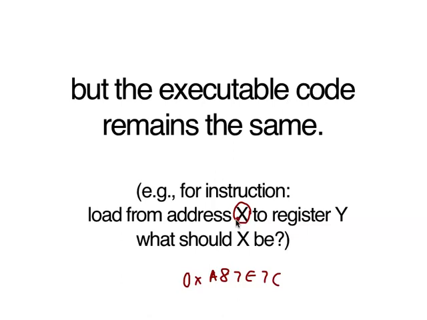So if we use logical memory addresses, then we can prevent the problem. We don't have to worry about the program being shifted around in the physical memory, and the executable code can remain the same.